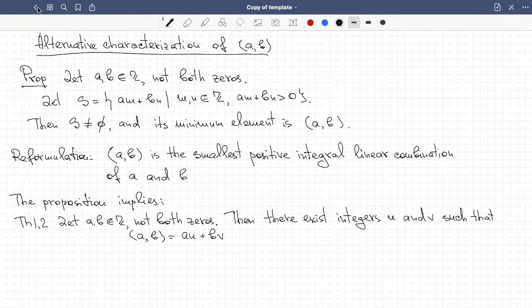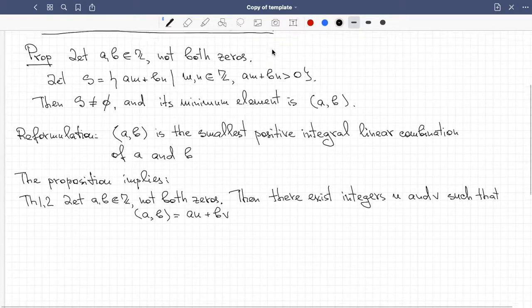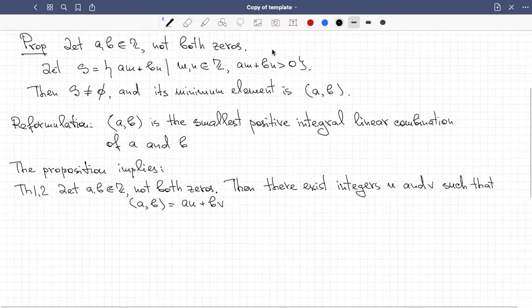So far, we have formulated the proposition which alternatively characterizes the greatest common divisor of A and B. Now we will prove this proposition.